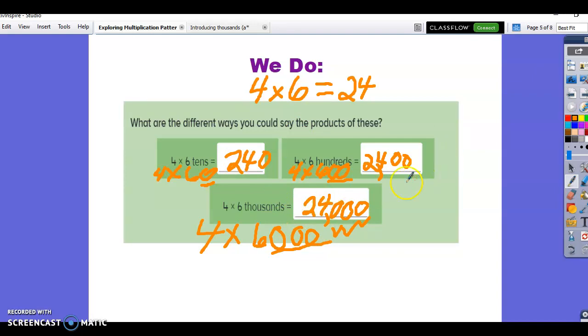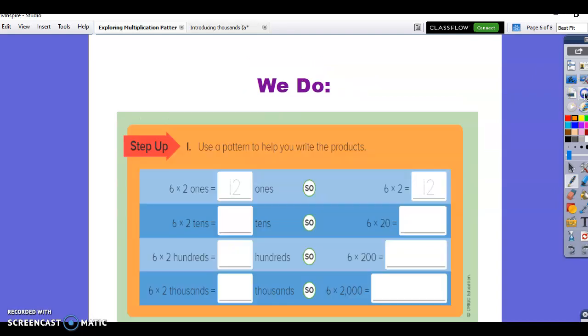You can either do it in your journal or in your Orgo workbook. Either way. Here's the next one. This is, I think it's on page 55. We'll have to check and see. So here we have, use the patterns to help you write the product. So 6 ones is 12 ones. 6 times 2 is 12. So in your answers, you're going to still answer your 12.